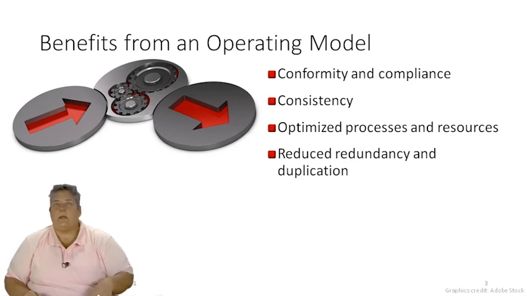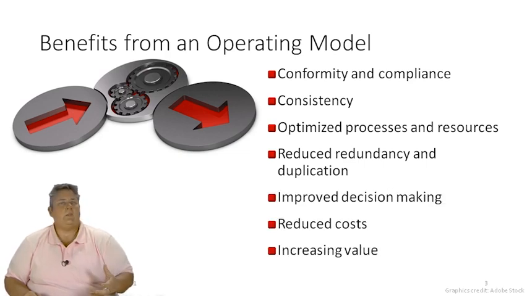So again, we're not wasting our resources. It also allows us to have better decision making. We understand the ins and outs of the model, where the potential bottlenecks are, and how we can deal with them. Using an operating model will reduce costs and it will increase value to the consumer.